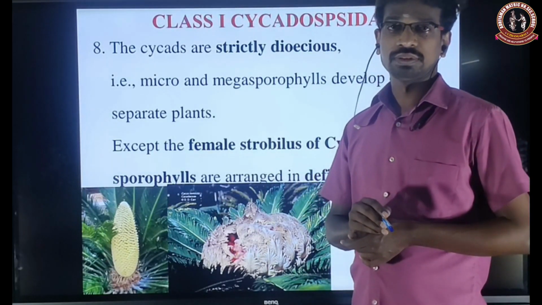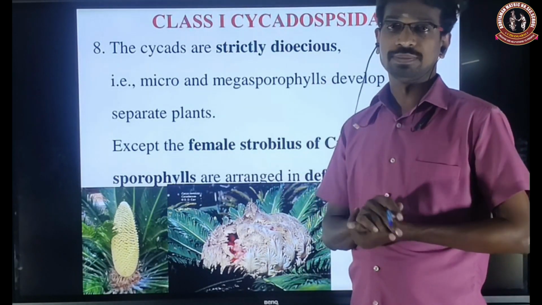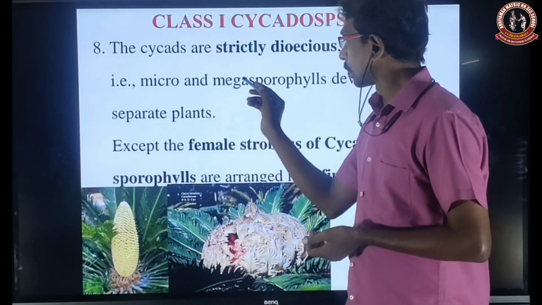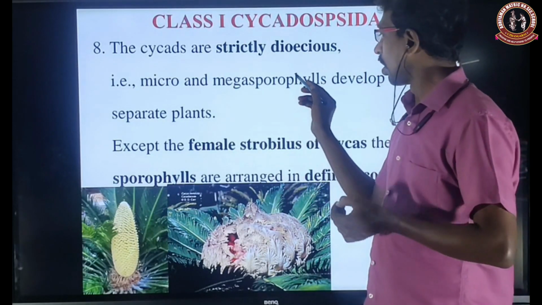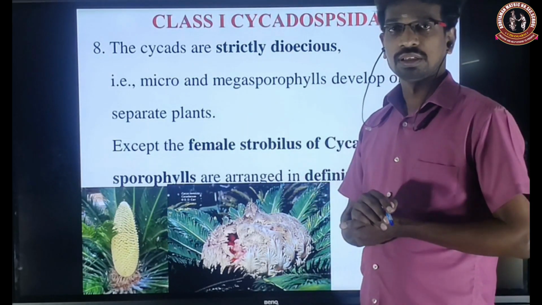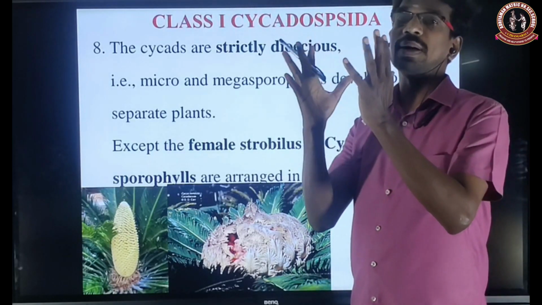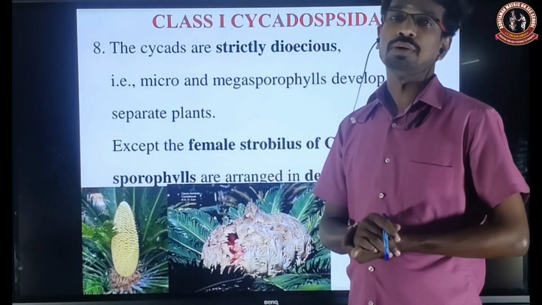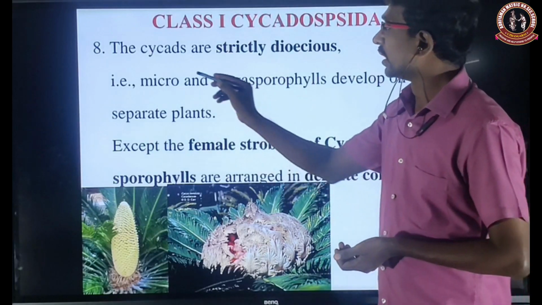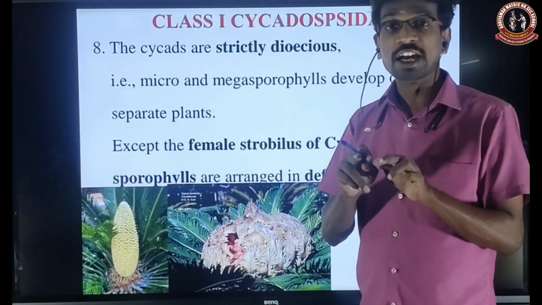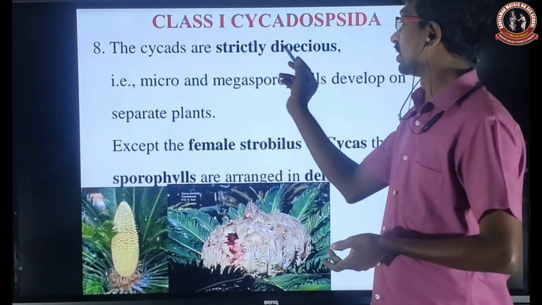Megasporophyll represents the female. The leaf bearing megaspores is called megasporophyll. The collection of megasporophylls combine to form a compact cone, and likewise the microsporophylls. But they do not develop on the same plant; they develop on different plants. That's why it's dioecious.